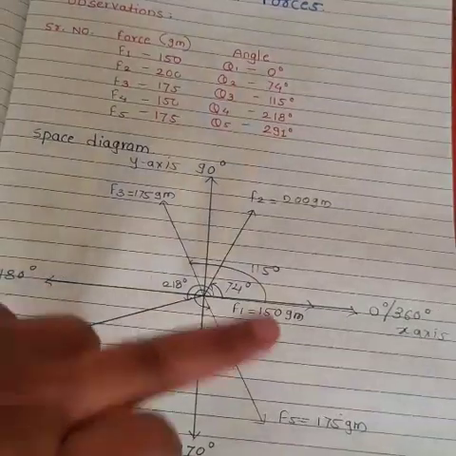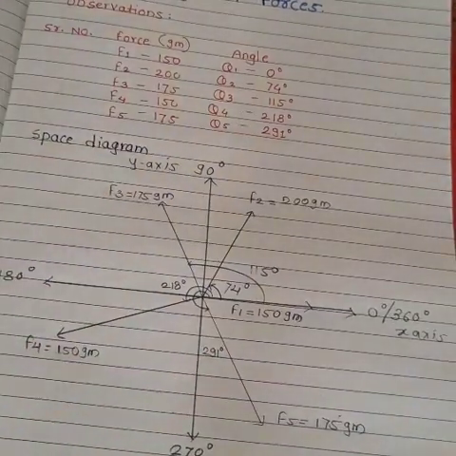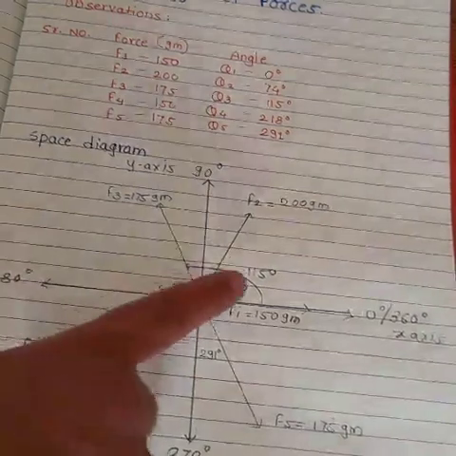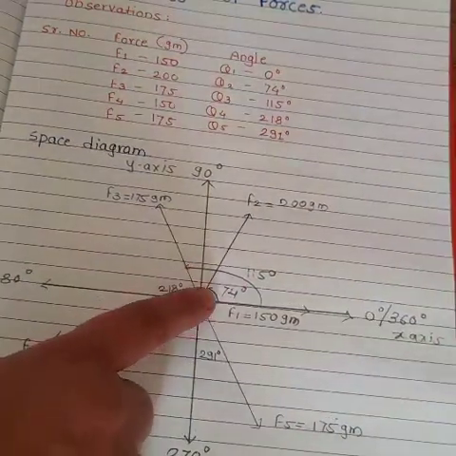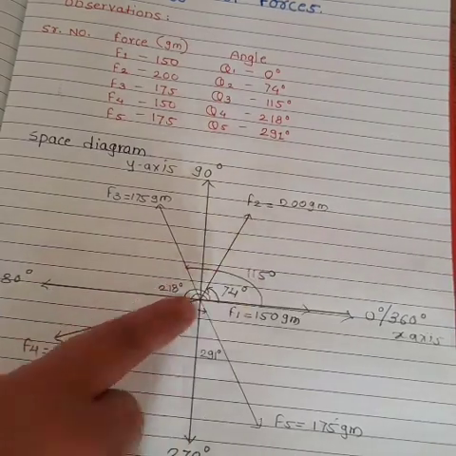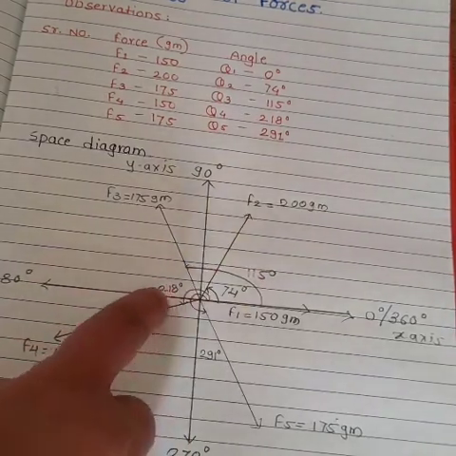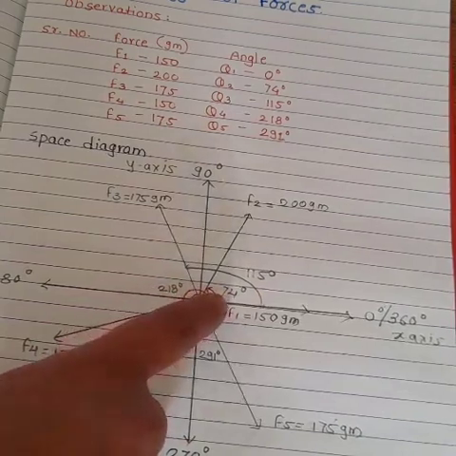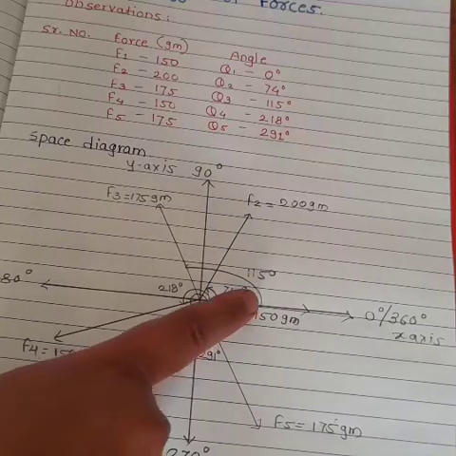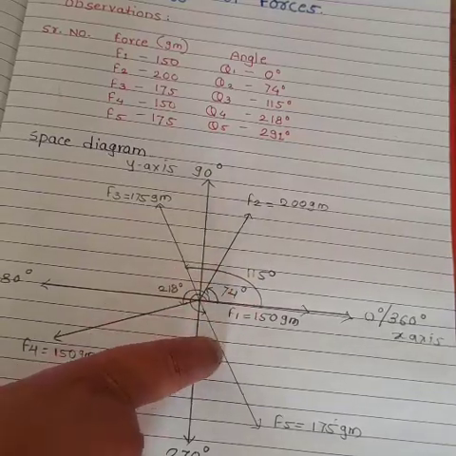Do not forget to write down the angles shown in the figure. So F2 has 74 degree, F3 has 115 degree, F4 has 218 degree with the x-axis, and F5 is 291 degree with the plus x-axis.